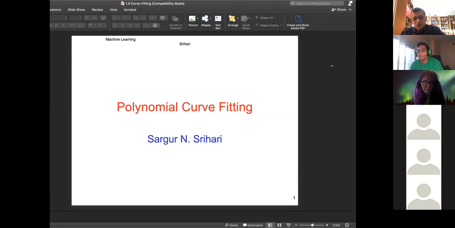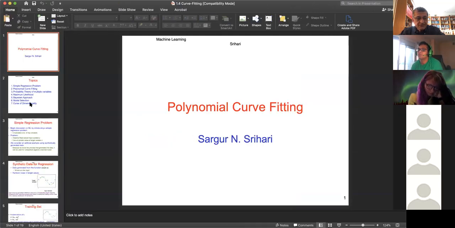You would not be using polynomial curve fitting as a solution to a regression problem with many input variables, so keep that in mind. It is just an introductory topic which helps us run through different ideas.